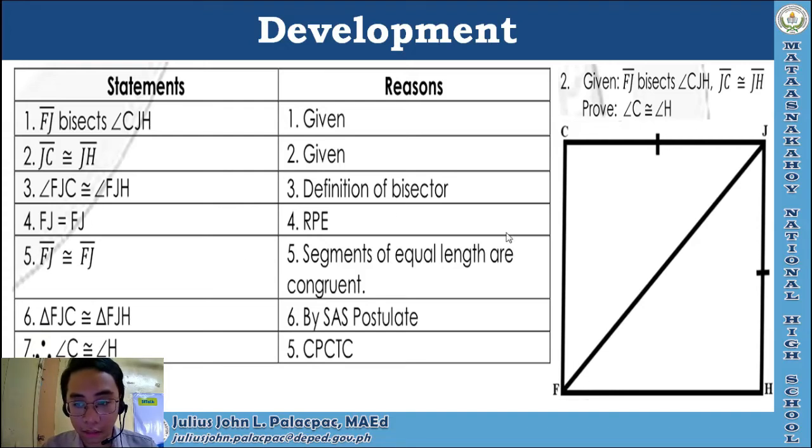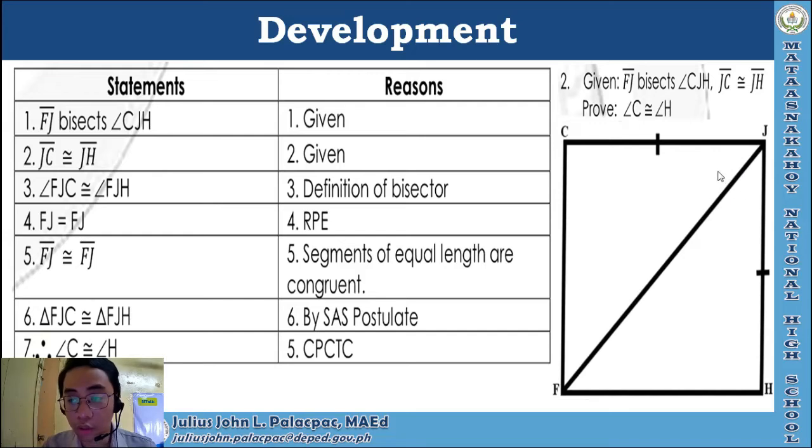And then, line segment FJ is congruent to line segment FJ because segments of equal length are congruent. And then, we can say that angle CJF and JF are congruent to the corresponding angle HJF and JF in triangle HJF.